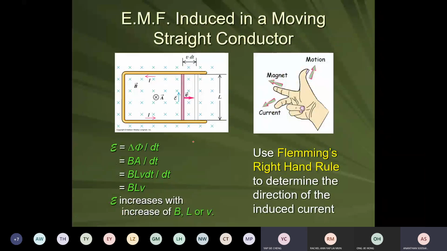So the area is LVT over T, the dt is T. T cancels, so you get BLV. This is your EMF induced in this conductor. EMF increases with increasing B, L, and V. The faster you move the conductor, the greater the EMF that will be induced.